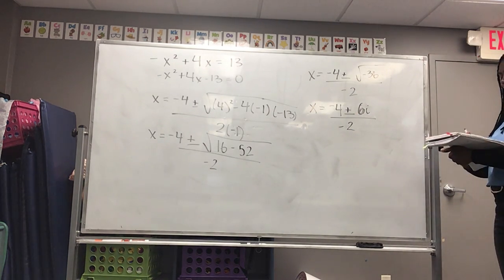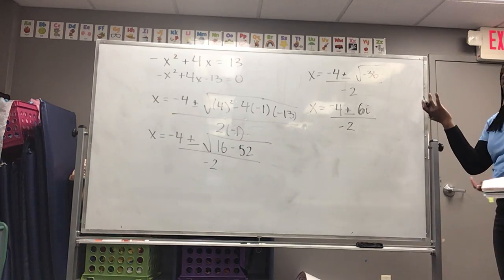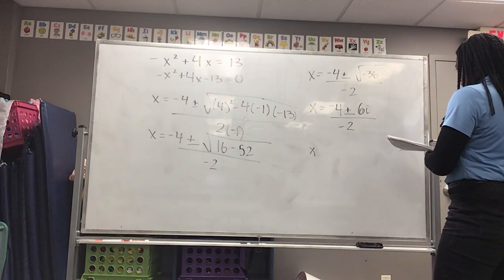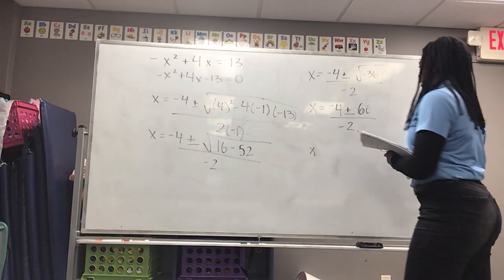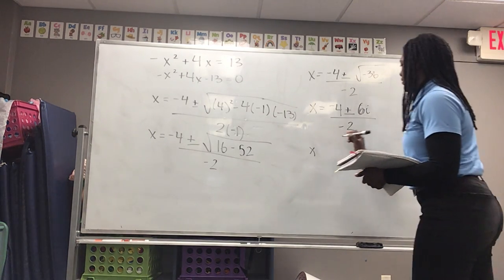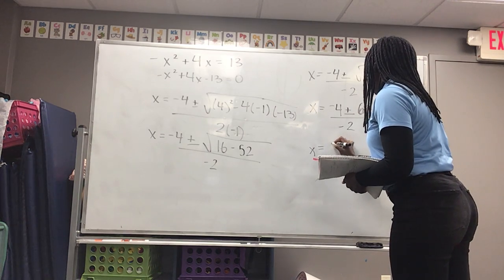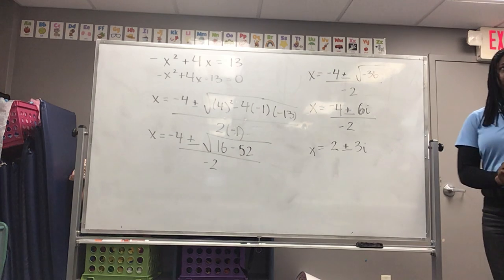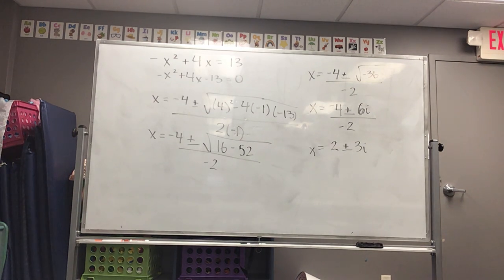But they've all got a 2 in them, so I'm actually going to simplify it a little bit more. I'm going to take out a negative 2. So that would give me 2 plus or minus 3i. Might be negative 3i.